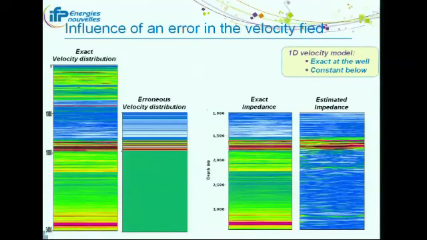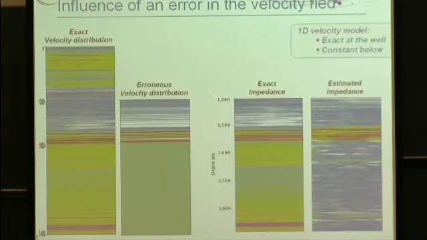Rapidly, I have said that we need an estimation of the velocity distribution, which is a very strong constraint. When we have well data, we can analyze the travel times at the well and obtain a very accurate estimation of the velocity in the well.